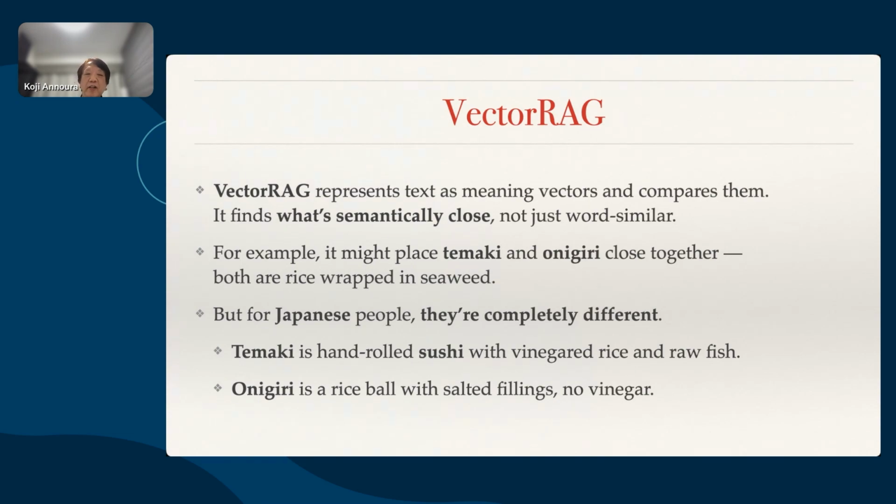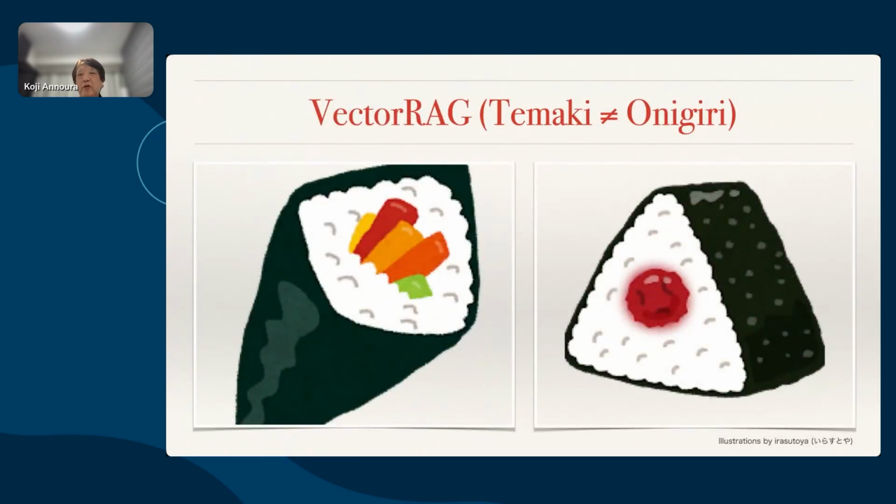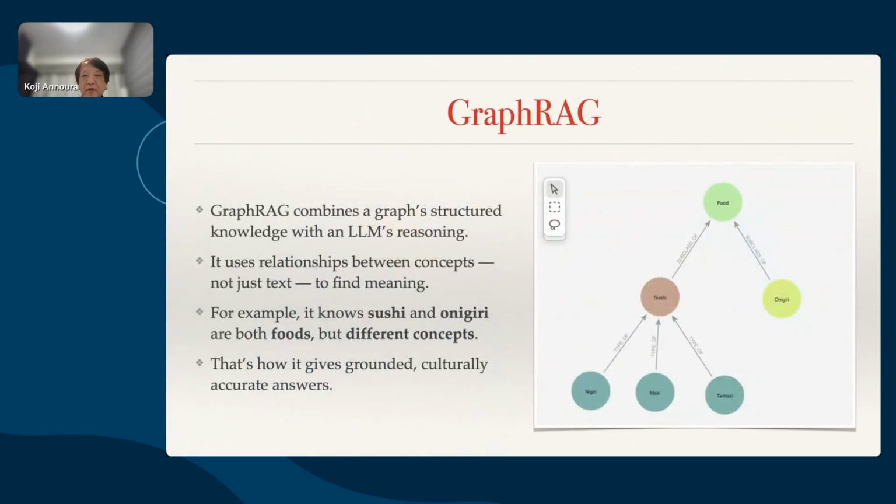Temaki is hand-rolled sushi with vinegared rice and raw fish. Onigiri is a rice ball with salted fillings, no vinegar. But VectorRAG sees the food as similar.